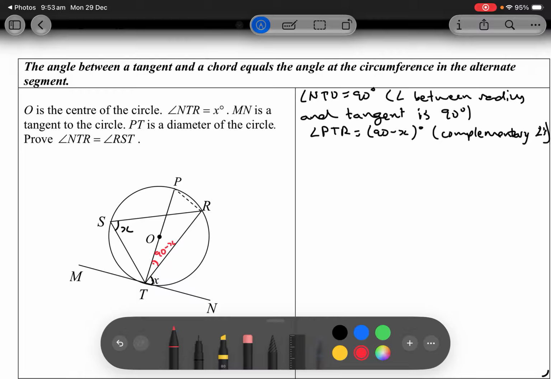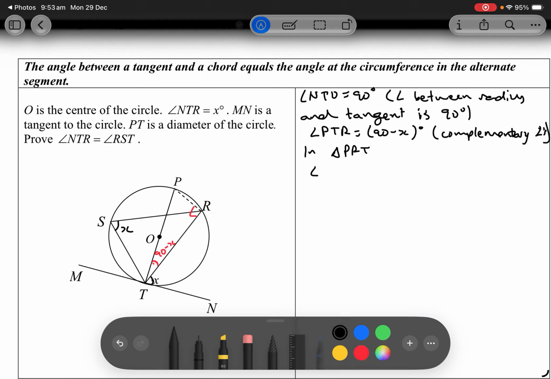Okay, now we're going to consider this triangle PRT, so this one that we have at the top. So in triangle PRT, we know that angle PRT, this one up here, is 90 degrees because of a theorem we've proved before: the angle in a semicircle is a right angle.